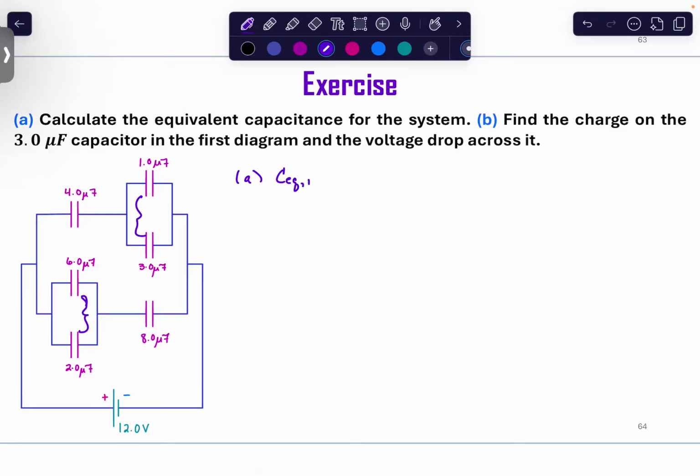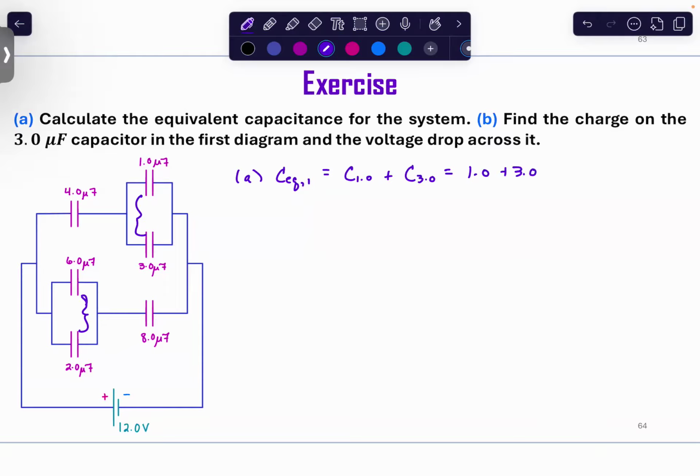I'm just going to call the top one CEQ1. So that's going to be C1.0. Then your CEQ2 will be the bottom one. That's going to be C6.0.